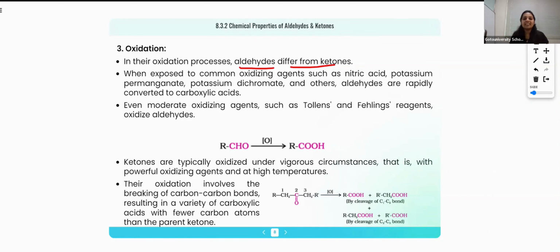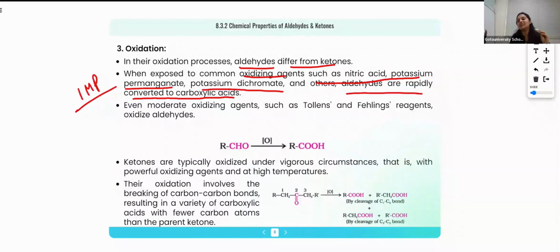When exposed to common oxidizing agents like nitric acid, potassium permanganate, potassium dichromate, aldehydes are rapidly converted to carboxylic acid. Important. What are the normal oxidizing agents we are using?